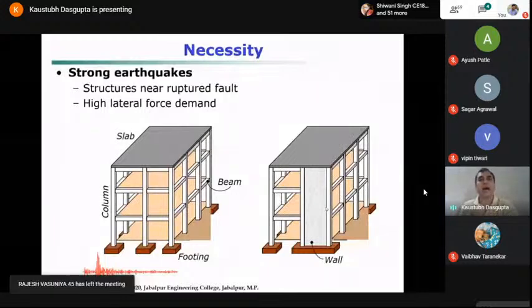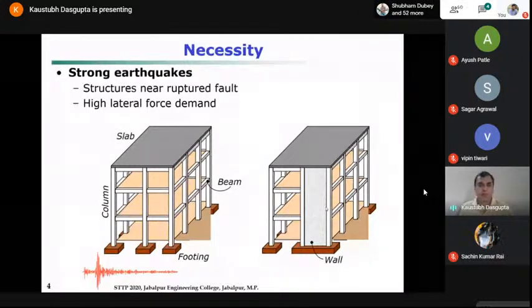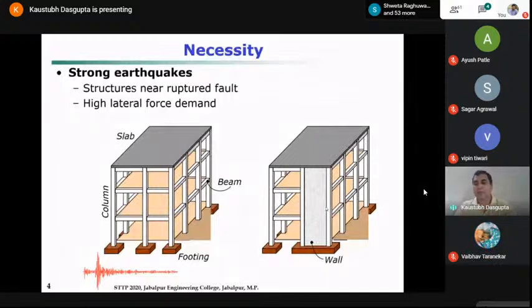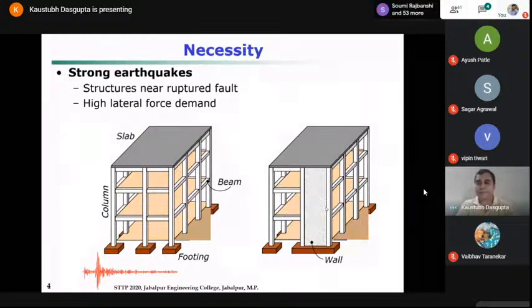Whenever you have high lateral force demand, we tend to introduce a shear wall or structural wall to take care of your strength demand as well as the displacement demand. So both are served with the same element, right?